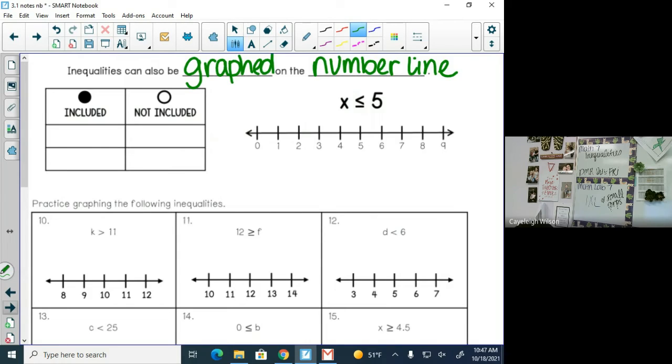The equals part, okay? Now, if something is not equal, it is not included. So when it's just greater than or less than, we're going to use an open circle, because that means that number is not included. It does not include the number that it's on because it's not or equal to.